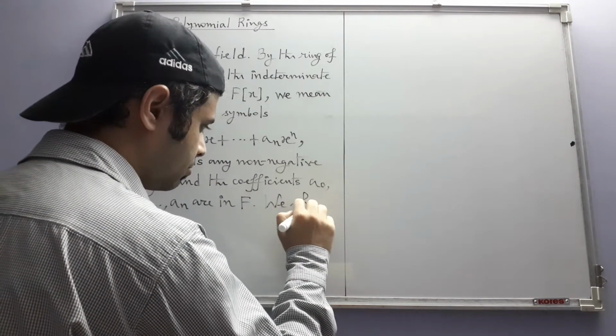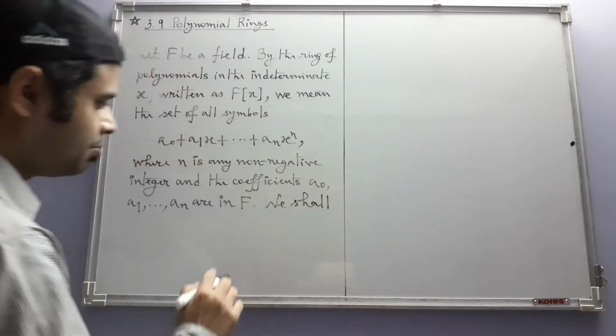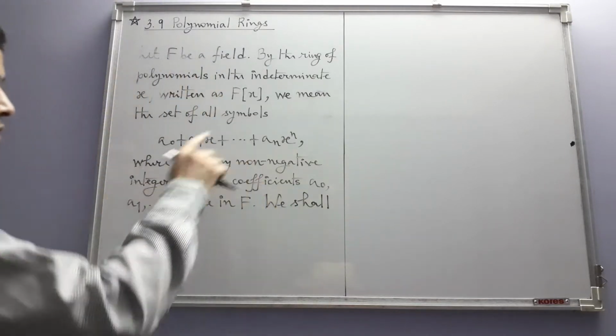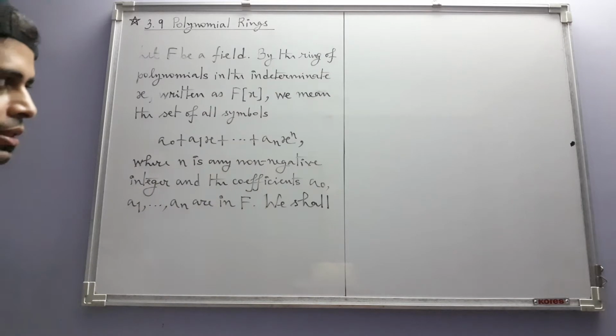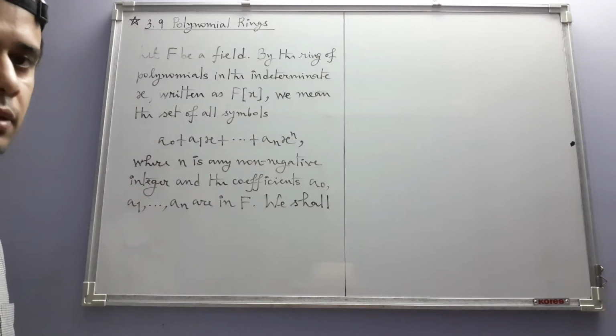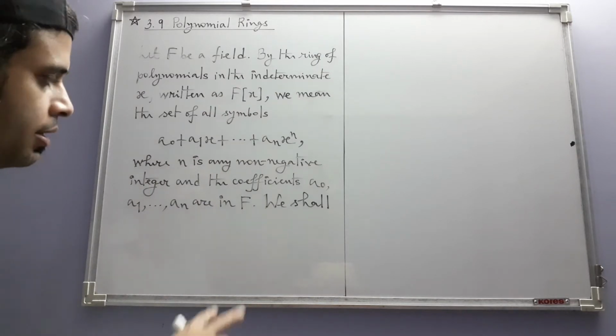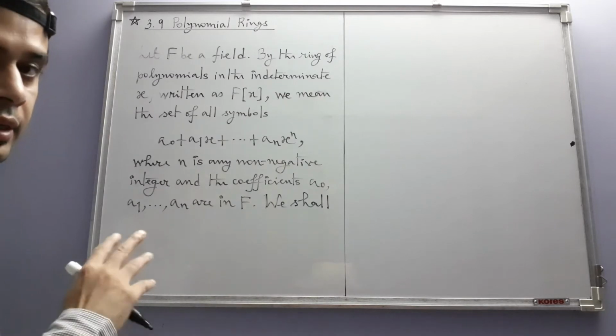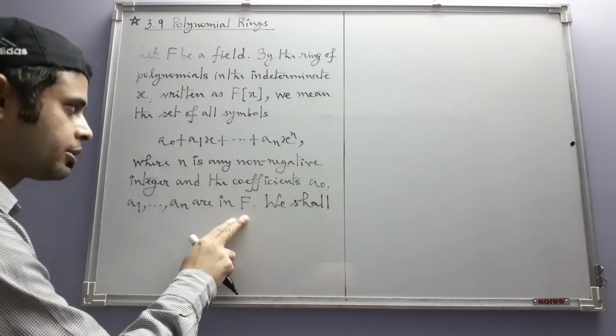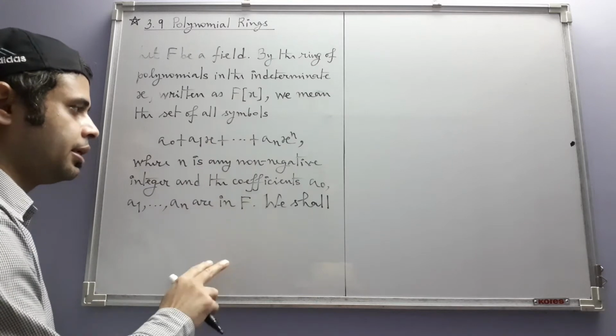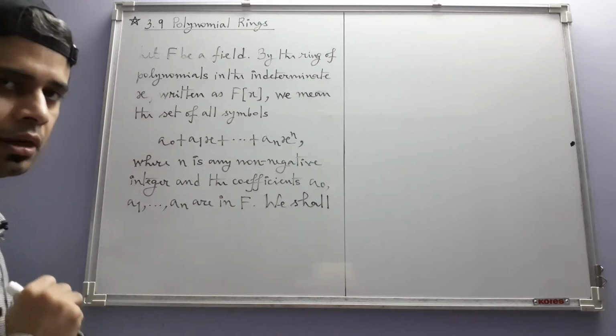Now simply saying that this set of all such symbols is a ring is clearly not justified until we show that it is in fact a ring, and for that we need to also say what the addition and multiplication are.